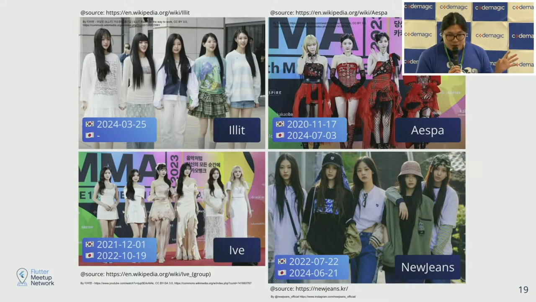Next, I researched the debut dates of some groups. iRead debuted this year in Korea, and NewJeans and aespa are scheduled to debut in Japan in June and July 2024, this year. Does the LLM have data about these recently debuted K-pop groups?